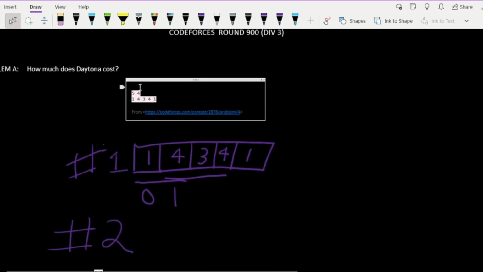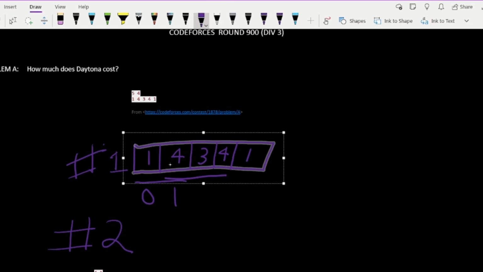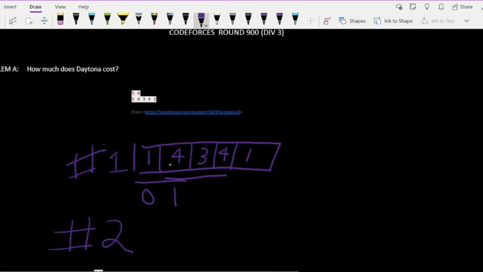For example, in the first test case, k is equal to 4. So if we take this subarray or this subarray, then we can see that in this subarray 4 is present one time and every other element is present 0 times.